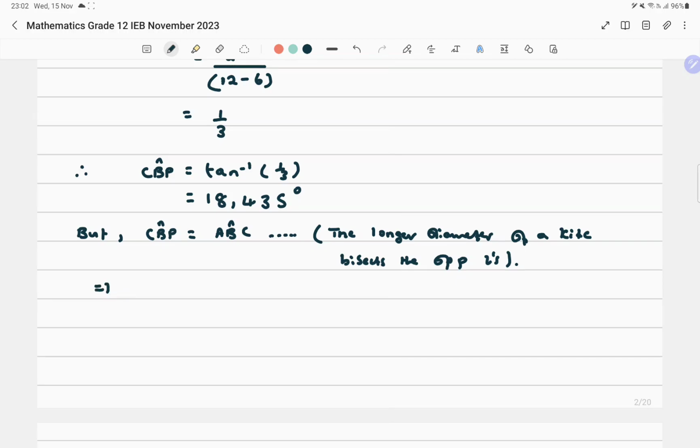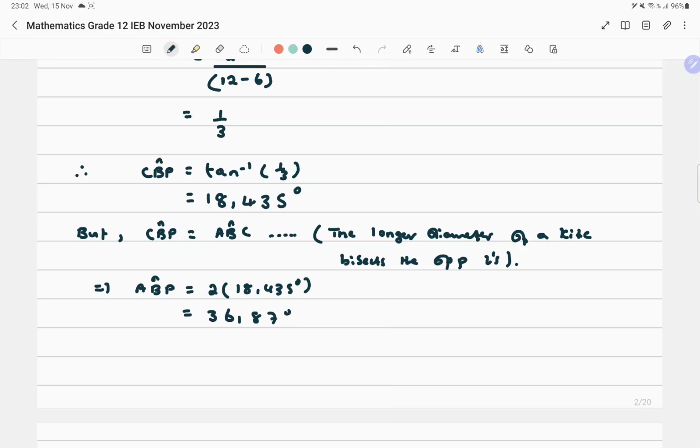Okay, so what does this imply? This implies that this angle ABP is going to be equal to 2 times 18,435 degrees. I'm just not rounding off too soon, so this gives me 36,87 degrees.